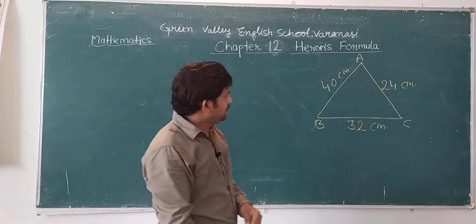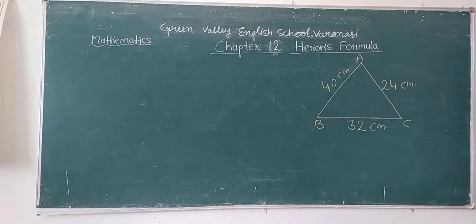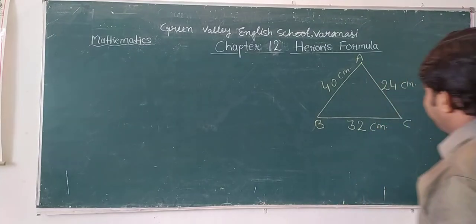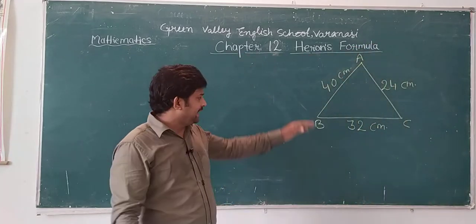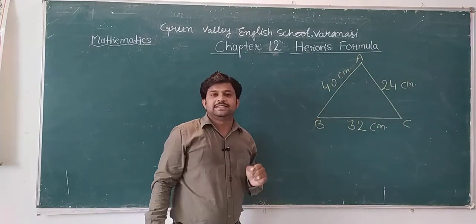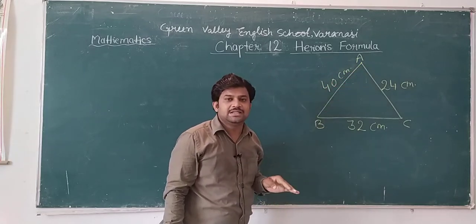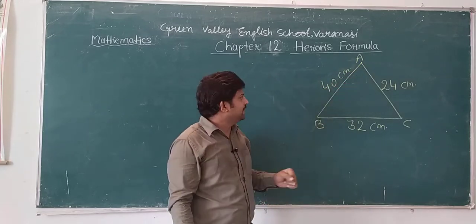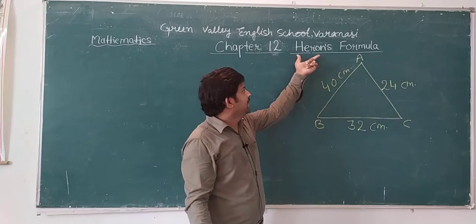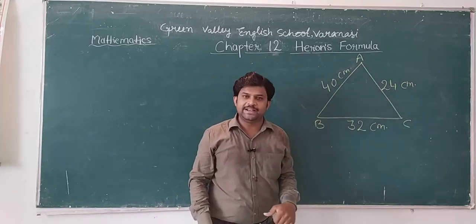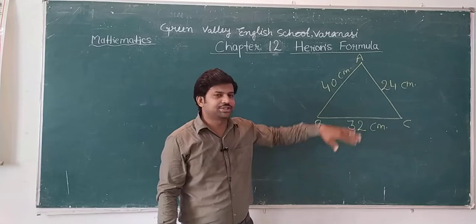Now we are going to find the area of the given triangle. Here the height is unknown for us. That's why we can apply Heron's formula for finding the area of this triangle.